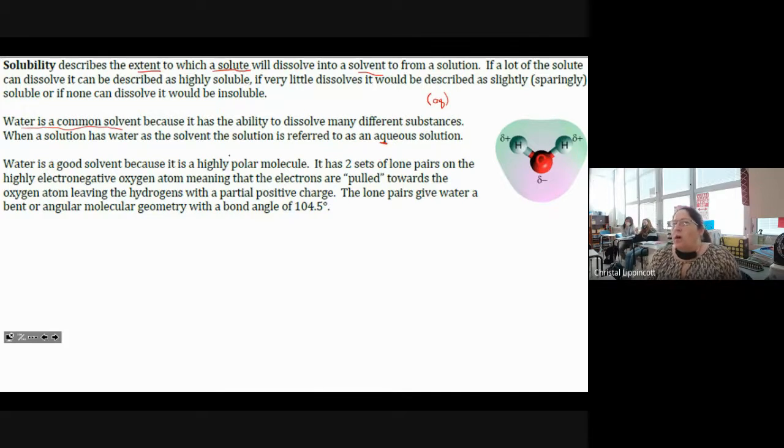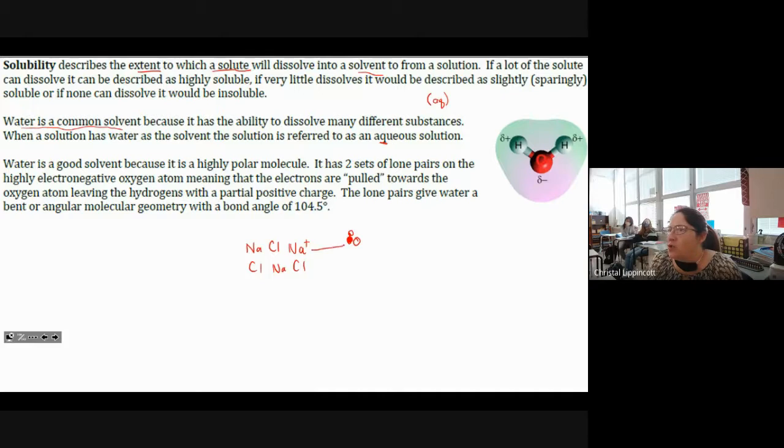So water is highly polar, and because of that, you're going to be able to pull apart these ionic compounds. So if we had sodium chloride, for example, your water is going to come along. This is a positive ion.